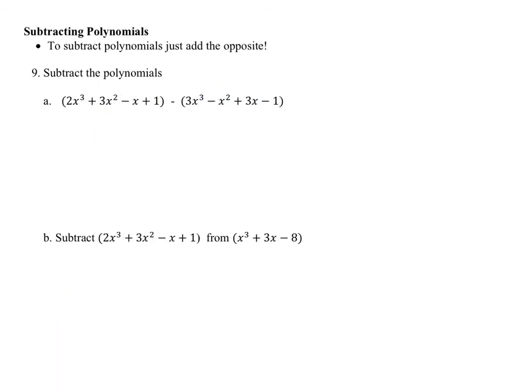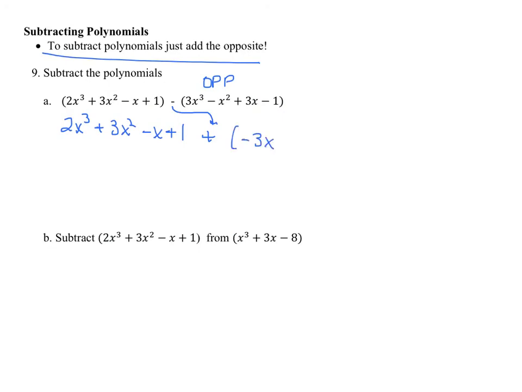Now let's subtract. Just add the opposite. So this is important. I'm going to write down the first guy. The second guy, I'm going to change that subtraction to adding the opposite of this entire thing.